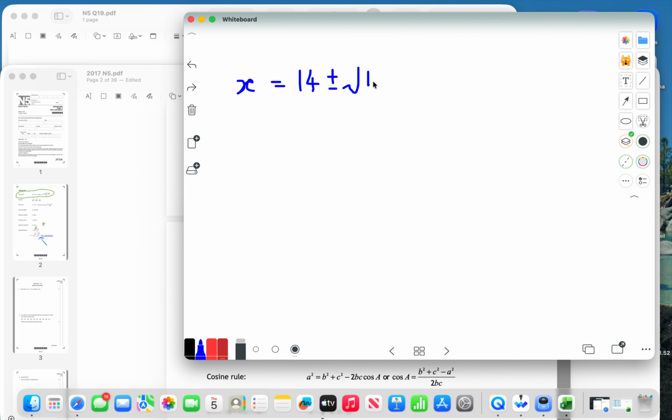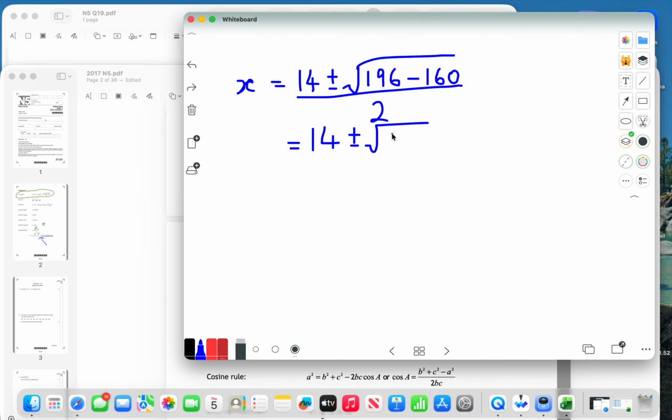So that is 196 minus 160, all divided by 2. You have to be really careful with signs.